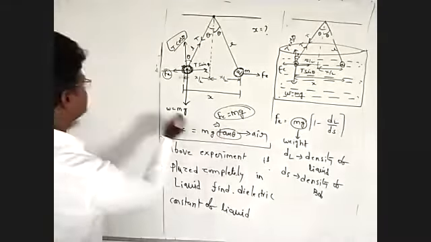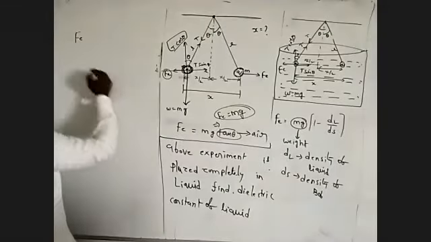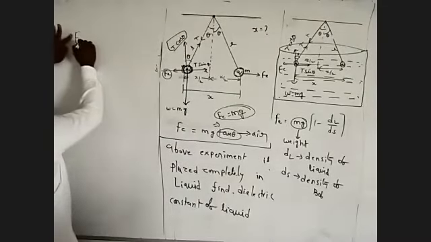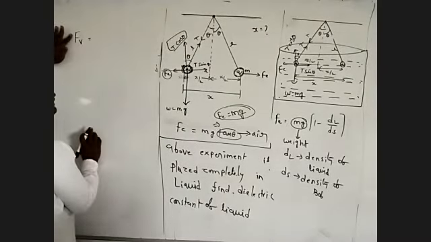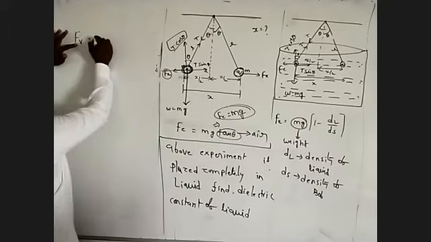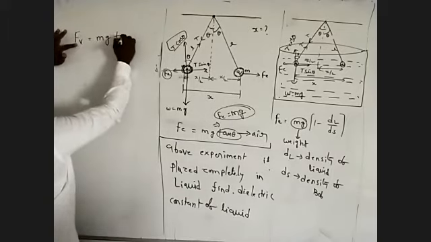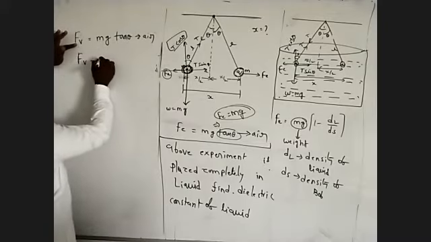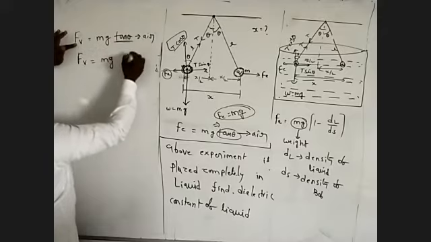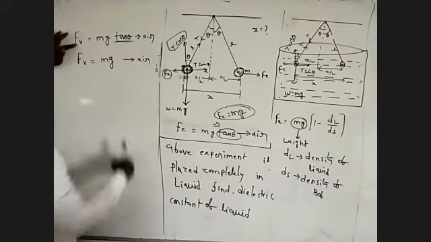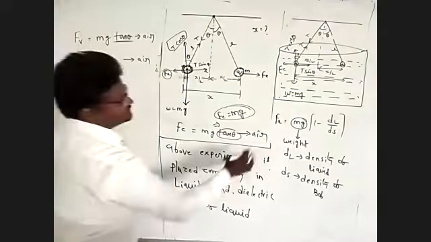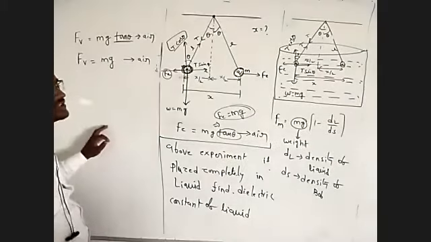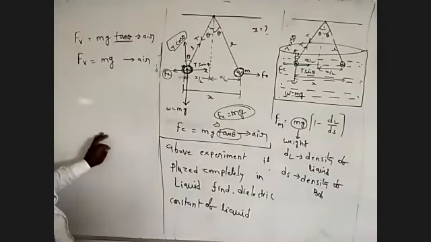Now what am I getting? Fe is the electrostatic force in a medium that is vacuum, here air, which is mg tan theta in air. Next, the force in a medium, in a liquid, I'm writing Fm, where m means medium.